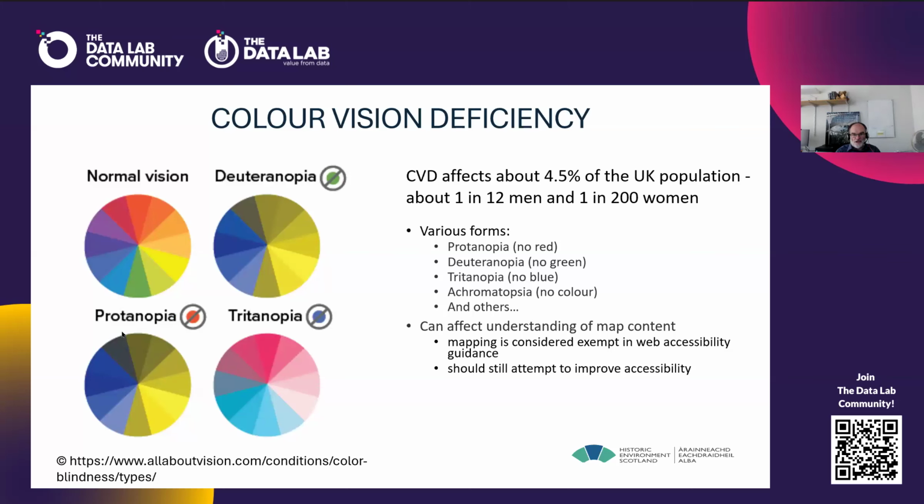So colour vision deficiency, colour blindness, affects about 4.5% of the UK population, 1 in 12 men, 1 in 200 women, and there are various forms. And I've listed some of the more widespread forms of CVD, colour vision deficiency: no red, no green, no blue, and no colour.